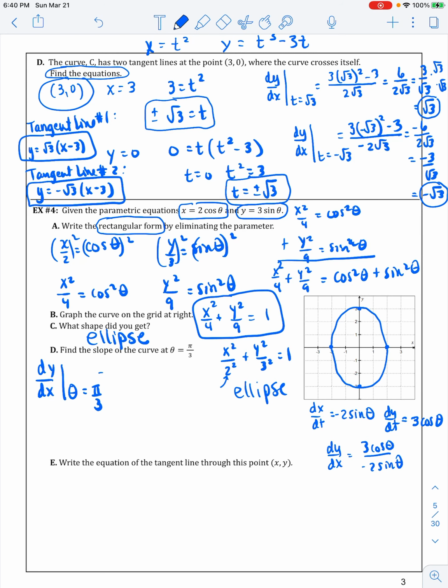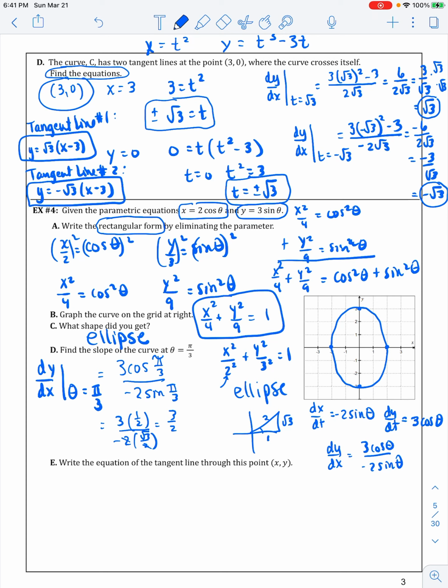So if I want that dy dx at pi over 3, I'm going to calculate 3 cosine pi over 3 divided by negative 2 sine of pi over 3. I'm just going to sketch a little 60-degree angle here, because that's what pi over 3 is. So 3 times the cosine would be 3 times 1/2, because adjacent over hypotenuse, and then divided by negative 2 times the sine, which would be square root of 3 over 2. So this becomes 3/2, and look, the 2's cancel.